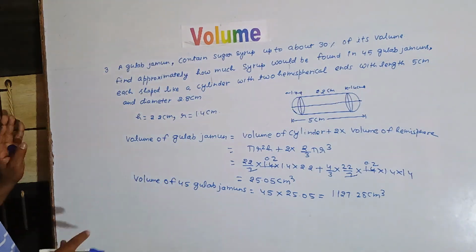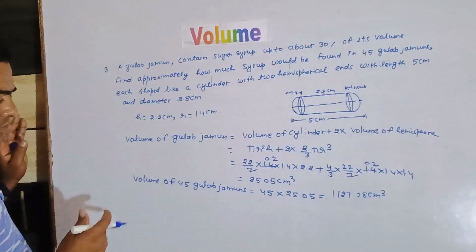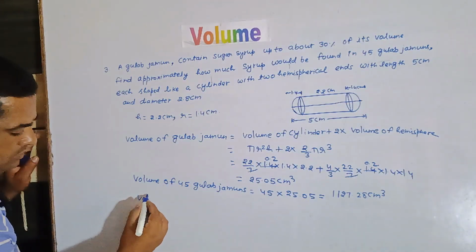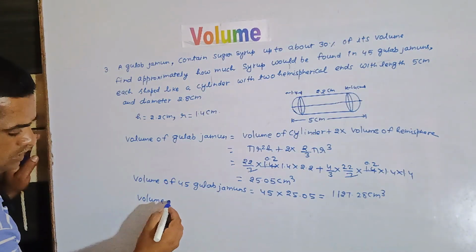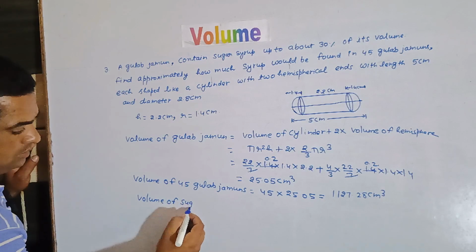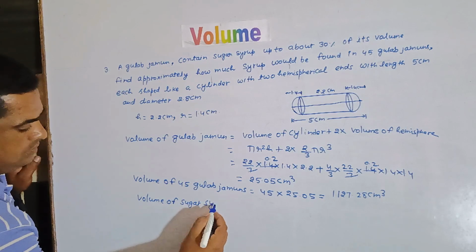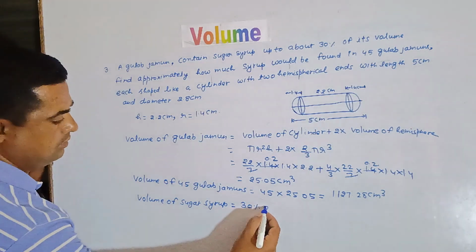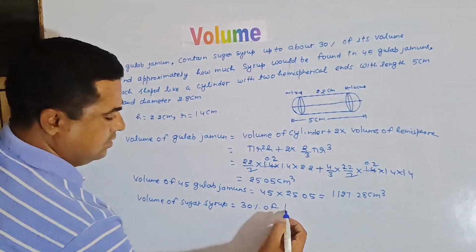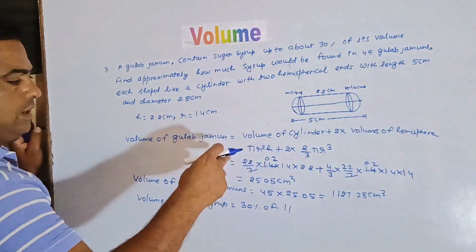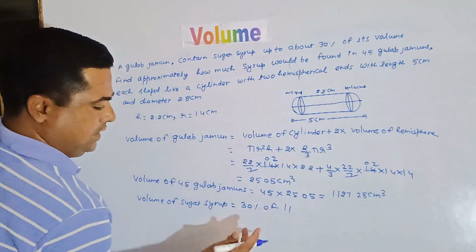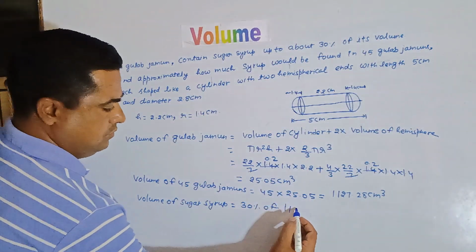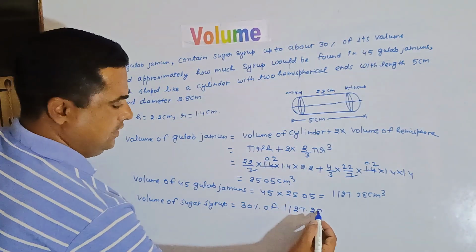Now we will find the amount of sugar syrup. The volume of sugar syrup will be 30% of the volume of gulab jamuns. So we are finding 30% of 1127.28.